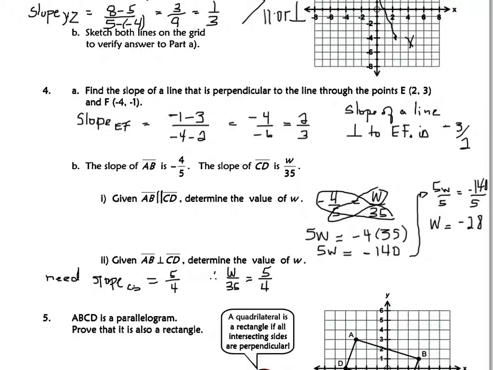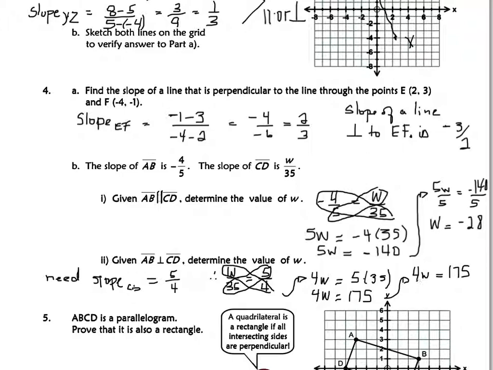And we'll just use the cross multiplying method again, because you have a fraction equal to a fraction. So that will give us 4 times w equals 5 times 35. So 4w equals 175.